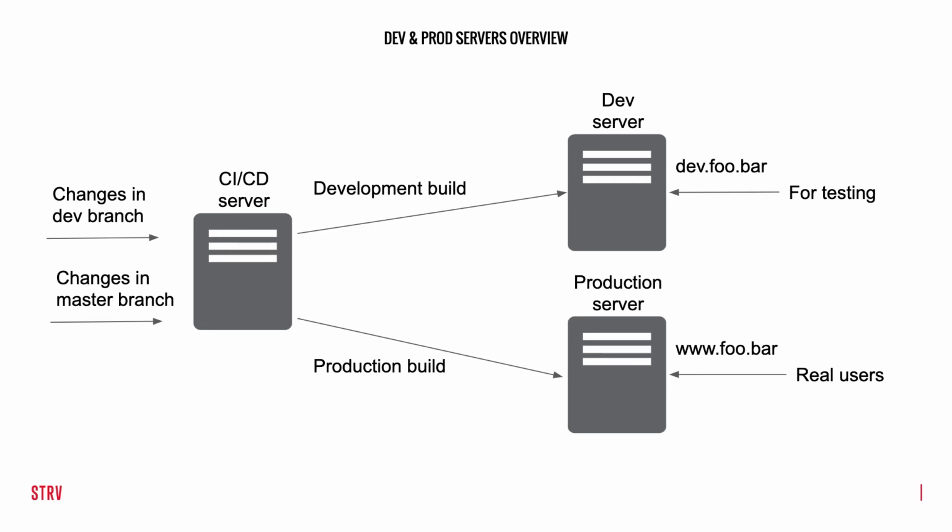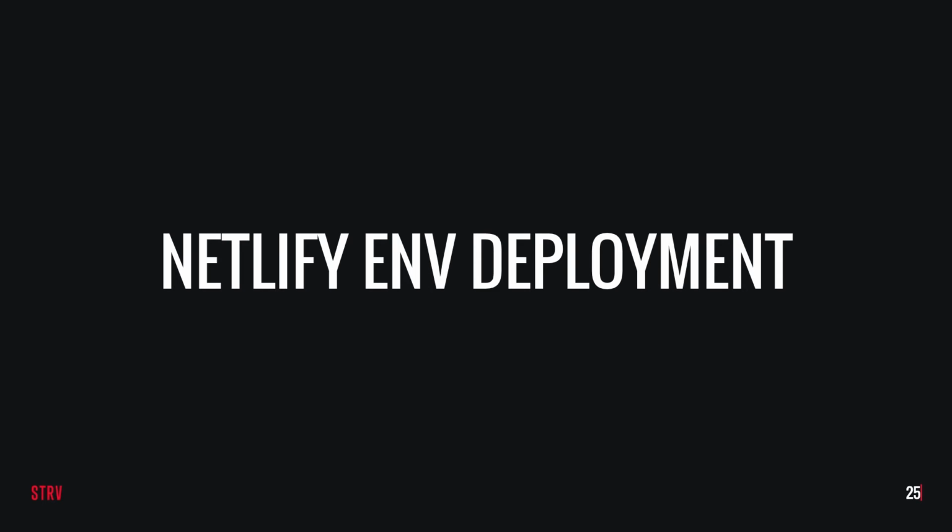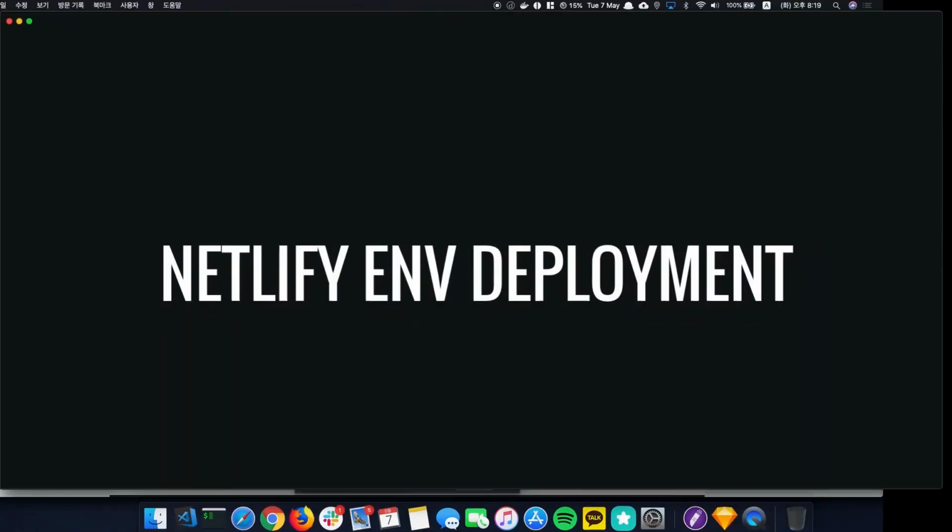Even if it's just a bare bones Create React App, we want to have this set up and running so that we can make changes to the code and implement features, and you don't have to worry about it for the rest of your project. That's why I think Danny started with the config files and the project structure. Actually, before that, we would like to have this infrastructure. And I would like to use Netlify also for this environment development.